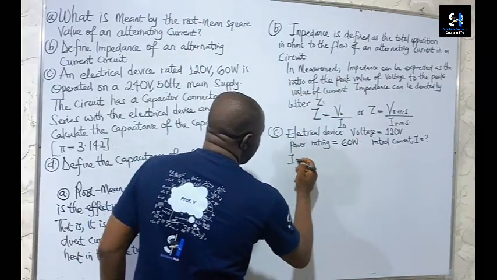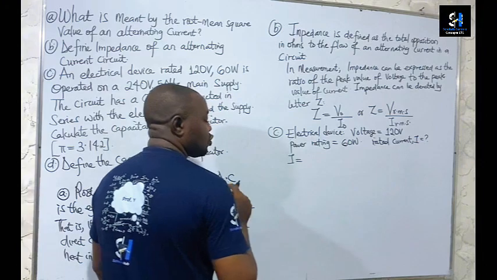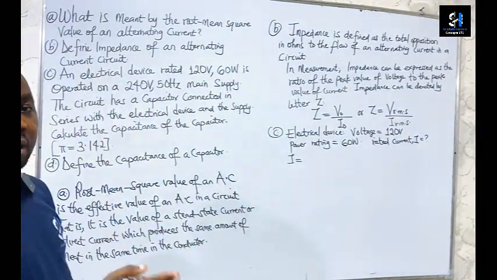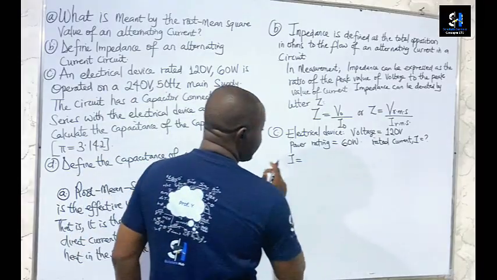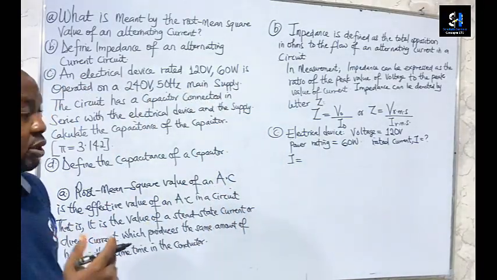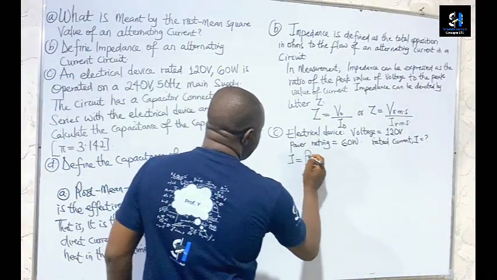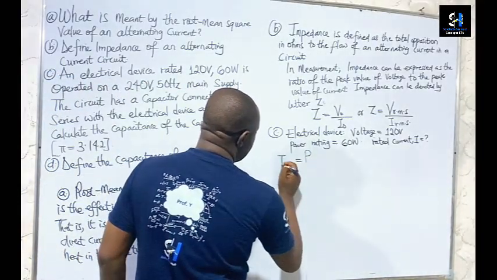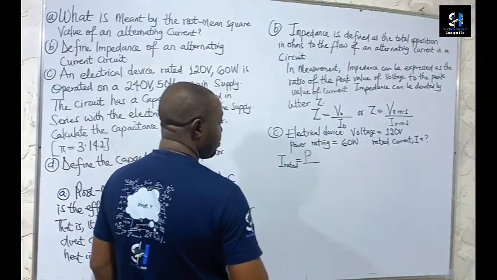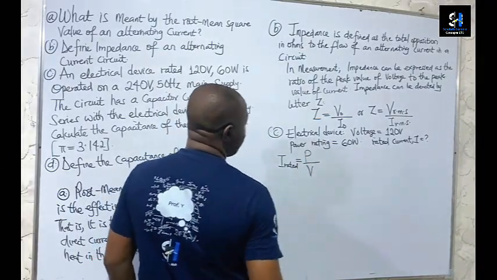Power is equal to the product of current and voltage. So if we express current in terms of power and voltage, the rated current will be equal to the power rating over voltage.